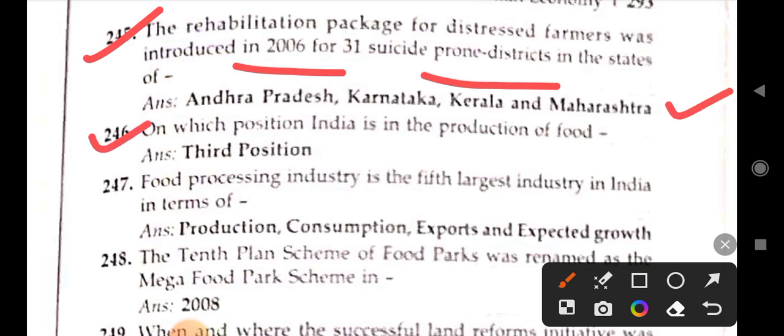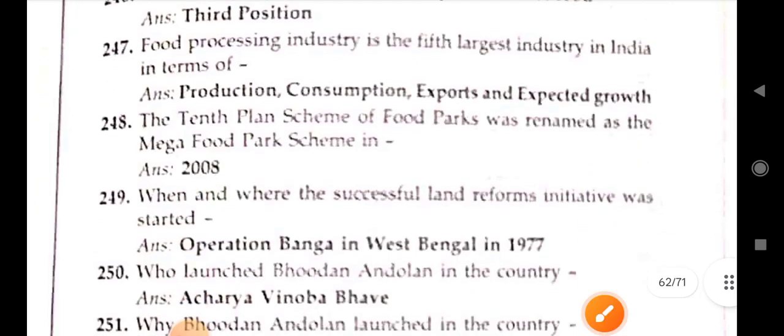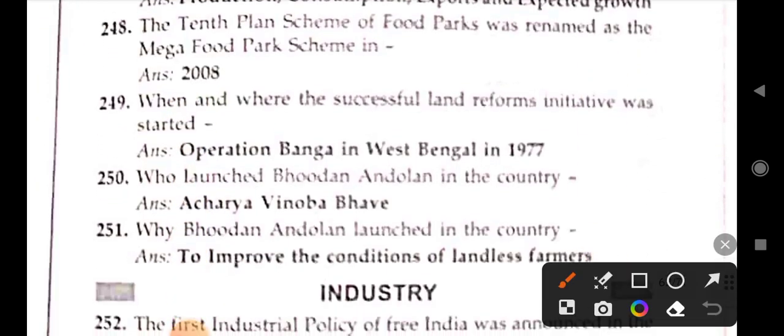On which position is India in the production of food? Third position. Food processing industry is the fifth largest industry in India in terms of production, consumption, export and expected growth.